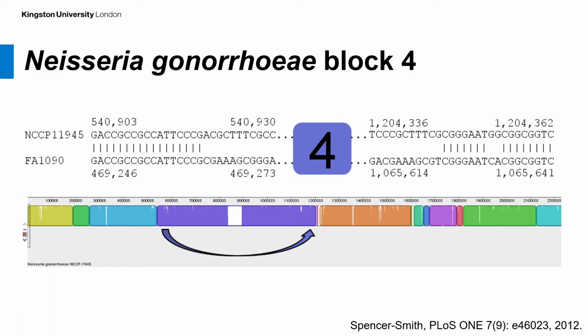And this is region 4, that block 4 that has just completely inverted due to some repeat regions that flank region 4, which in strain NCCP 11945 does include the gonococcal genetic island, but it's not that island that's having a role in the inversion, it's these flanking repeats. So there's a recombination event due to the flanking repeats that mean it's inverted in some strains versus others.